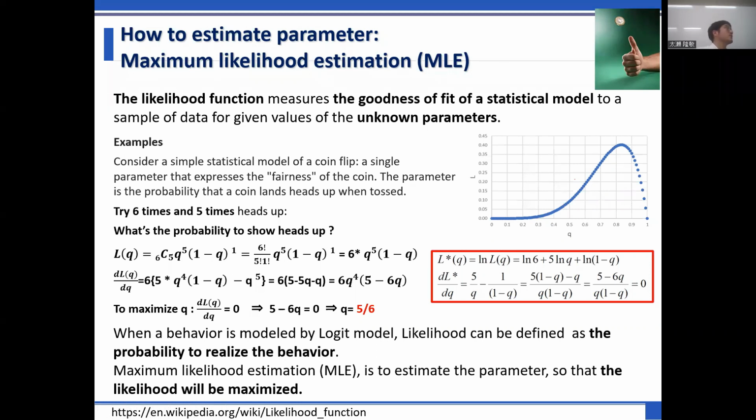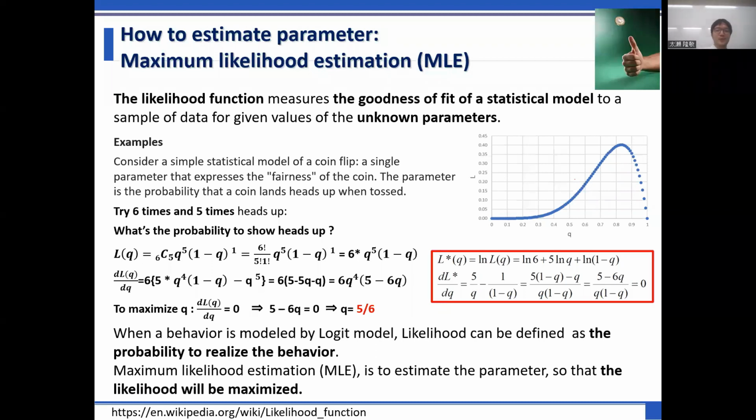According to this, the obtained behavior, the modal split probability of choosing mode A or mode B, must be obtained through the estimations. The maximum likelihood estimation is to set the parameter so that the likelihood will be maximized.